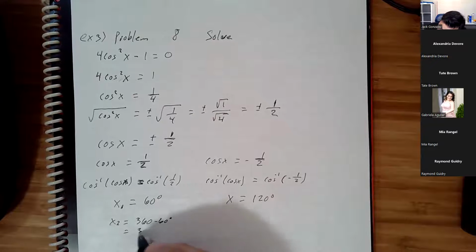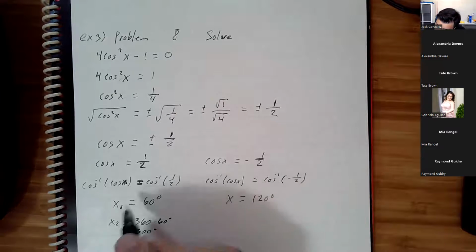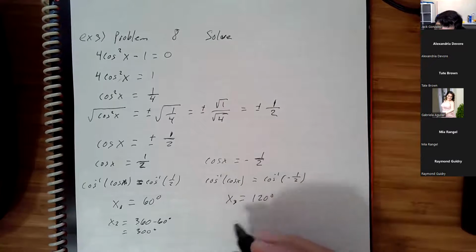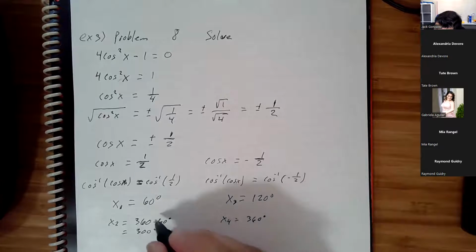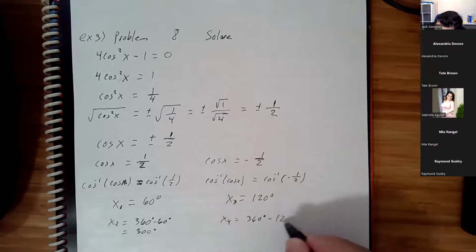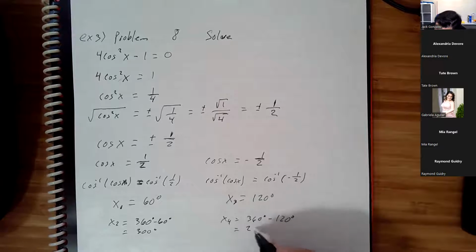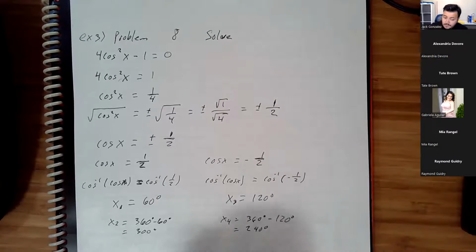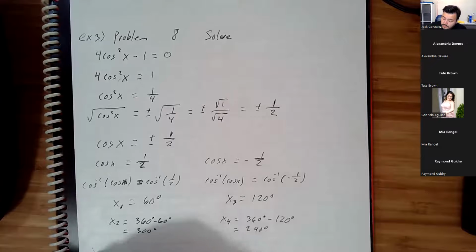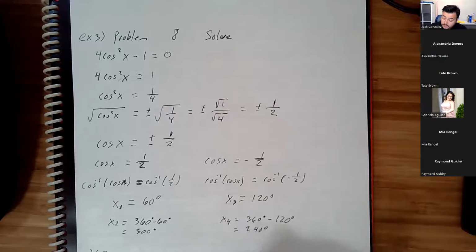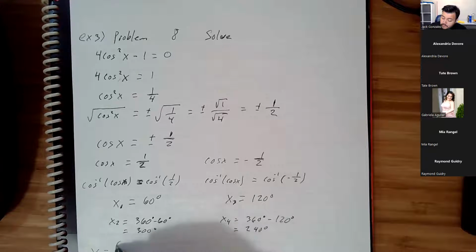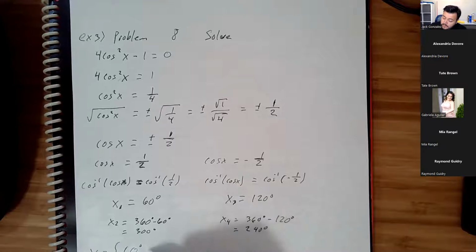Which is 300. So that's the first, second. We'll say this is the third. So the fourth will be 360 minus 120, which gives us the 240. So we have a few: 60 degrees plus, well, let's go ahead and change to radians actually.